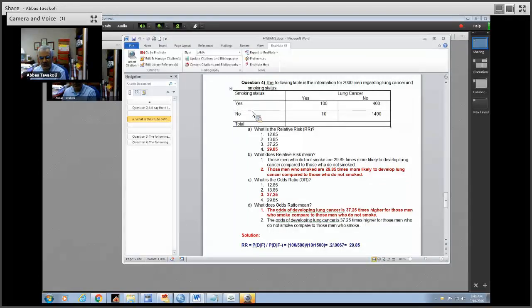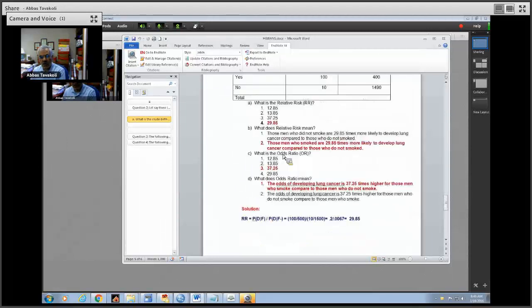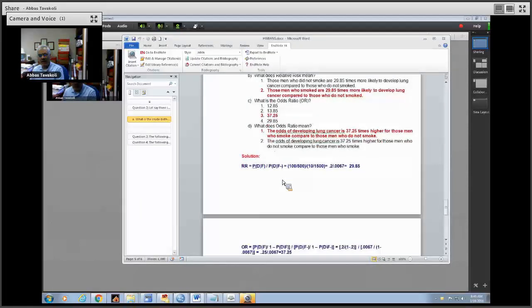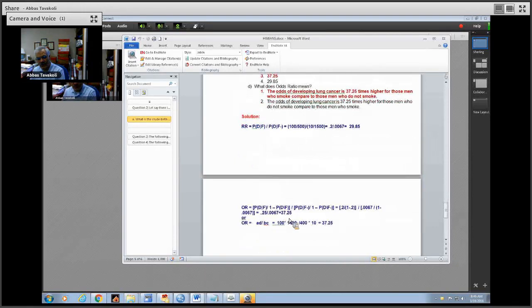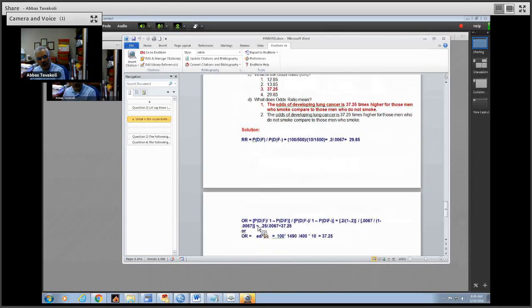What it means is that women who smoke are 29.85 times more likely to develop lung cancer compared to those who do not. So you go from factor to the condition or disease for relative risk.